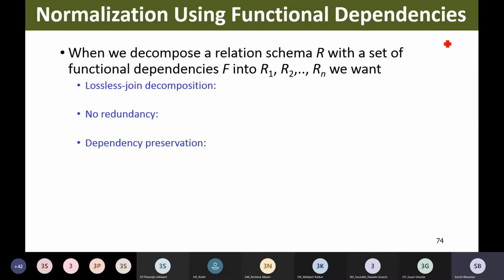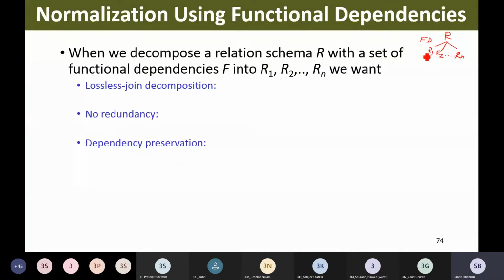So usually what we do while performing normalization, given a relation schema R, depending on the normal form that we are making use of, is pick the appropriate functional dependencies from the set of functional dependencies and decompose our relation into R1, R2 up to Rn.